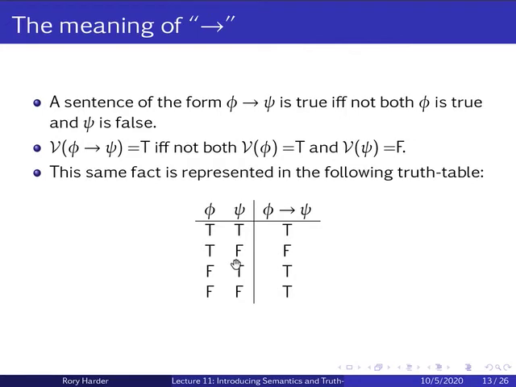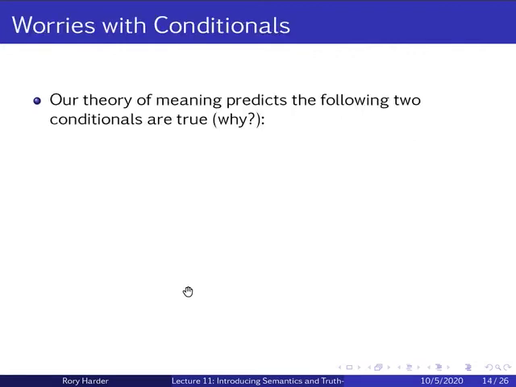Because this table tells us the only case in which the conditional is false is where the first part, the antecedent, is true and the consequent false. And because the antecedent is also false, we get that the entire conditional is true. So that's why our theory tells us that this conditional here is true, even though that seems strange.